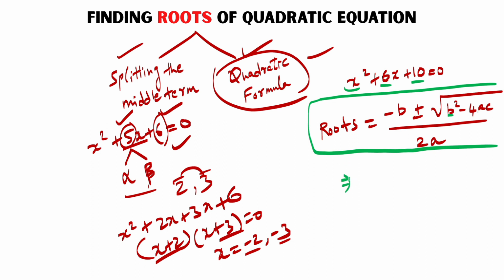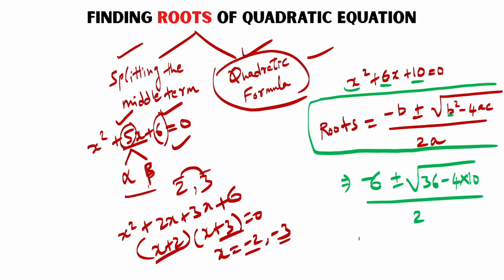So we can substitute: minus b, which is minus of plus 6, which is minus 6, plus or minus root of b square, 6 square is 36, minus 4 into a into c, a into c, 10 into 1, which is 10. So 4 into 10, by 2a, which is 2 into 1, which is 2.